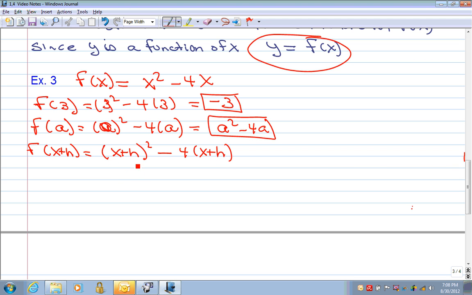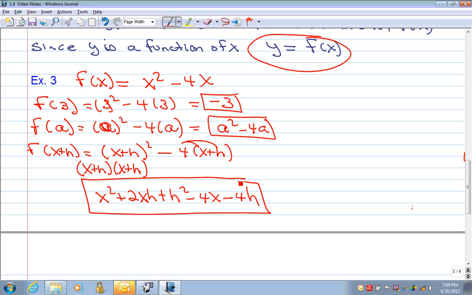Once again, if you had me in class last year, you can share that information with your group. Please realize that this really means x plus h times x plus h. Once I FOIL that together, I would end up with x squared plus 2xh plus h squared. I would distribute the 4 and I would get minus 4x and minus 4h. And this would be my answer. Don't forget to ask me about the shortcut.